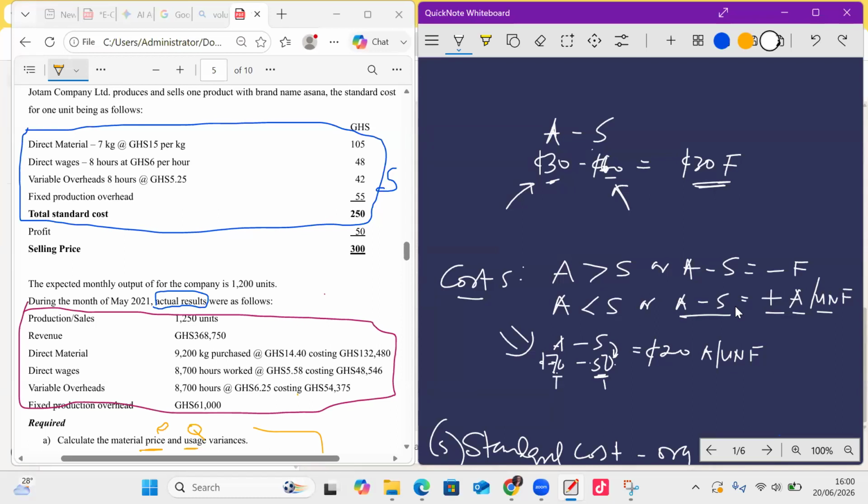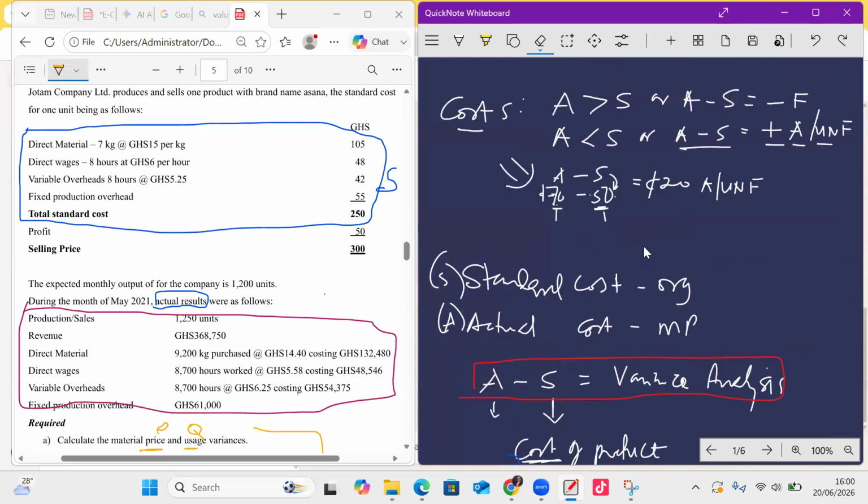The actual price is the market price. So whenever you subtract this way and you get negative, it means that the standard price was higher but the actual was lower. So it was favorable for the business. The business has 30 cedis. Are we good? Yes, sir.